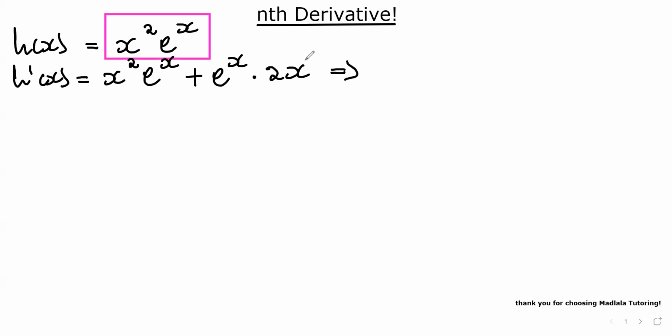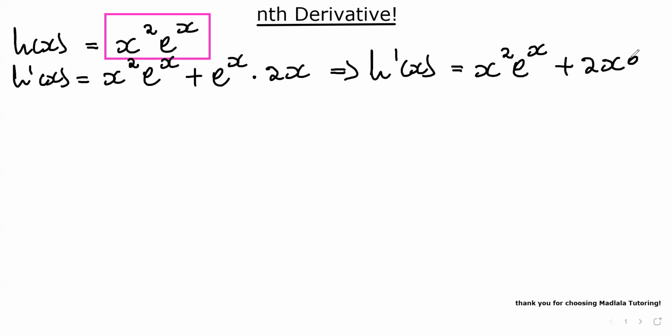So now writing this derivative nicely, the first derivative of h is just going to be x squared e to the x, and then we say 2x e to the x. Okay, fine. So now we move along and find the second derivative of h.